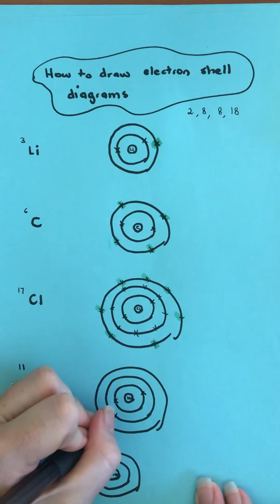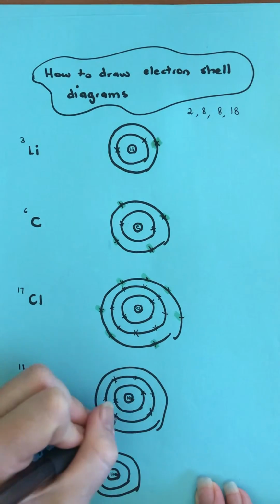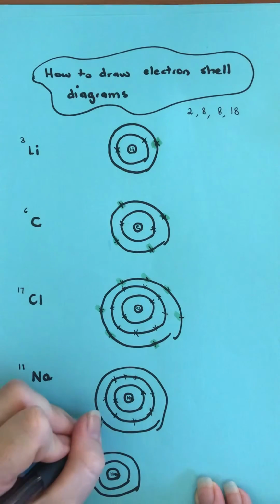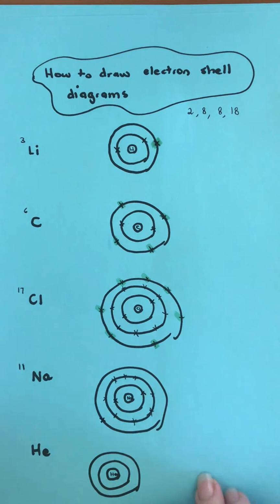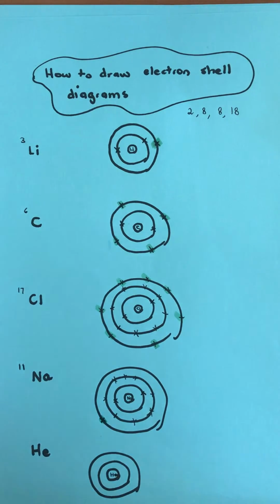Then we've got 8 in the second shell, takes us to 10. 2, 3, 4, 5, 6, 7, 8. And that means we've got 1 there in the outer shell. So it's one that really likes to join with chlorine because chlorine wants an extra electron and sodium wants to get rid of an electron. So you may know that as sodium chloride, which is salt.